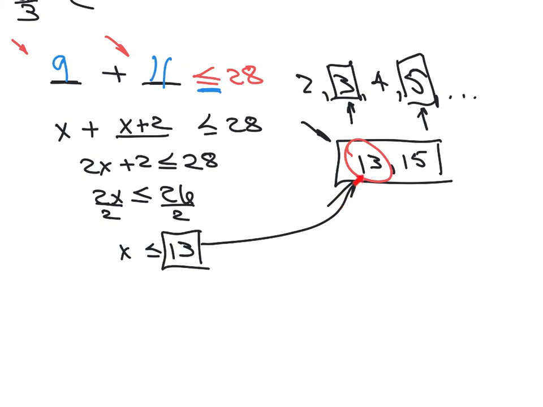So what we found here with our 13 is the largest number that we could put in there. Because if we put a larger number than 13, such as 15, we have to add 17 to that, which would give us 32. So make sure you understand that, and that is it for 2.4.